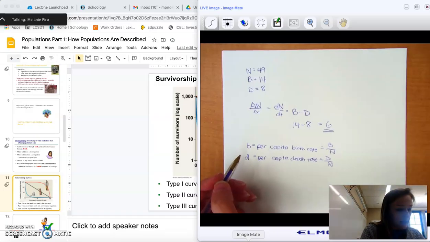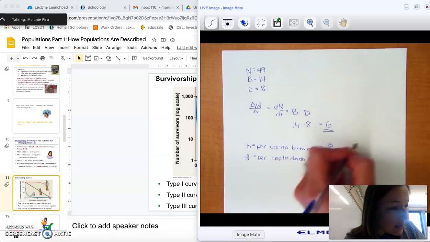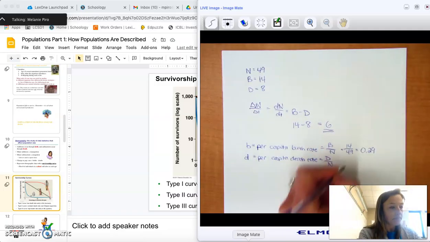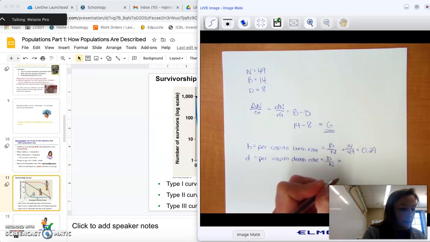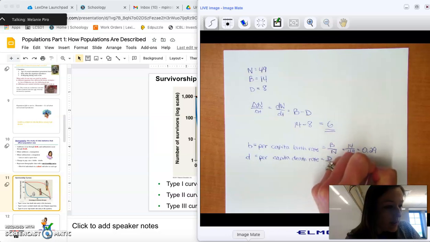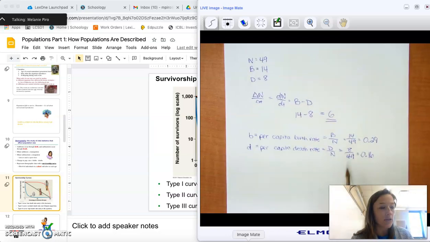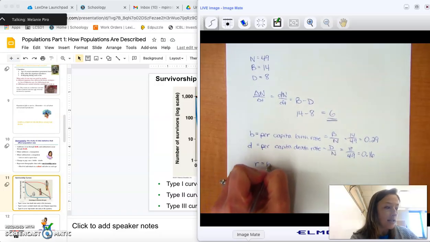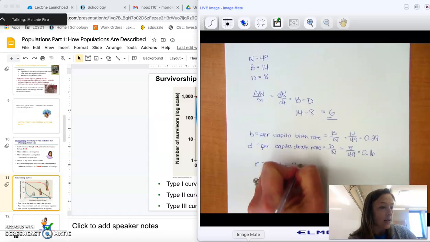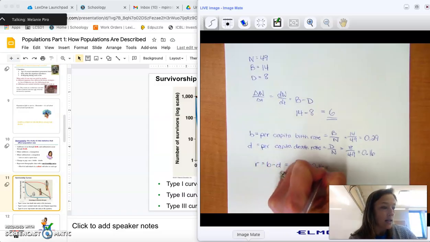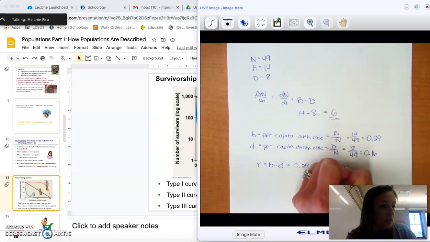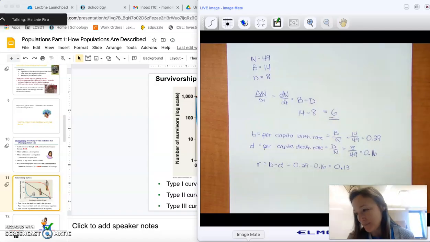So 14 divided by 49 is 0.29, and 8 divided by 49 is 0.16. That's the first step, because the rate is little b minus little d. So that would be 0.29 minus 0.16, and that would be 0.13. Yeah, 0.13.